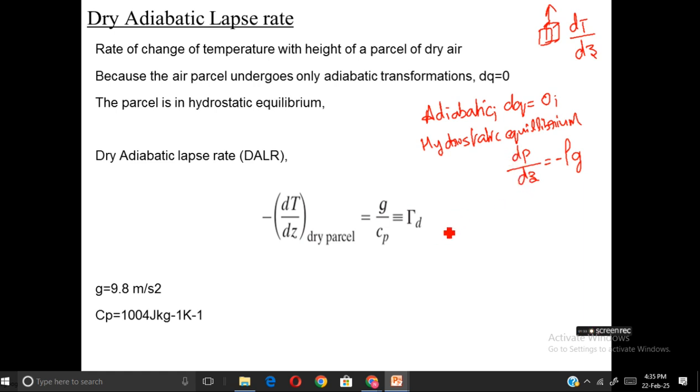So dq is equal to 0, then we can write dq is equal to d of h plus phi. This is the dry static energy.